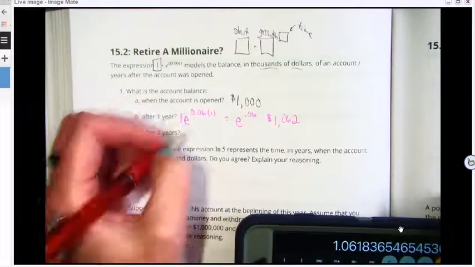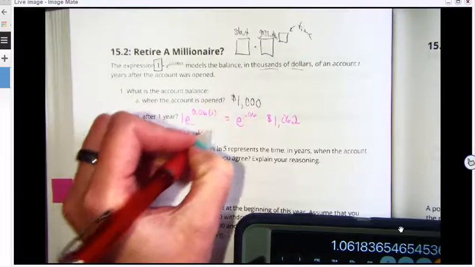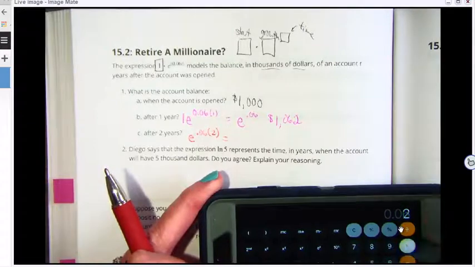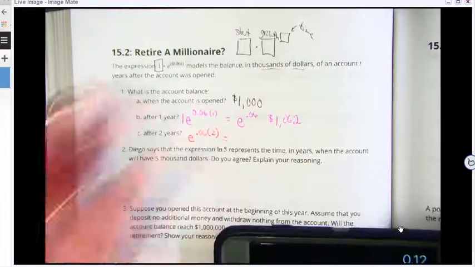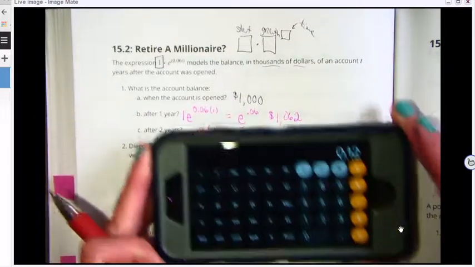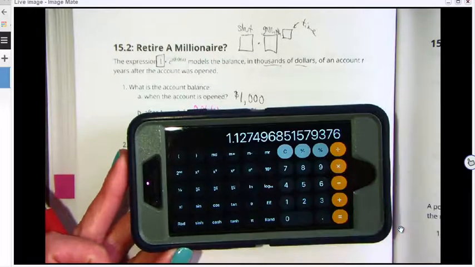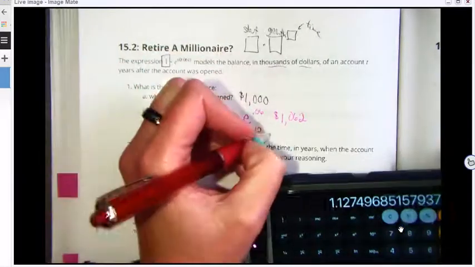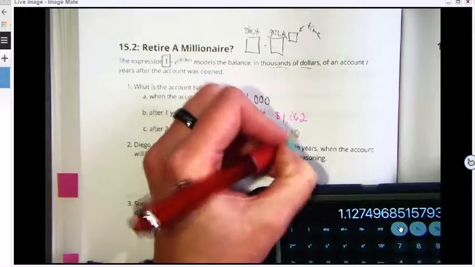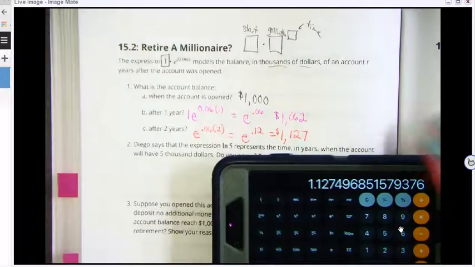And after 2 years, I would have e raised to the 0.06 times 2. 0.06 times 2 is 0.12. And it's already in my calculator here, so I'm just going to hit the e to the x button so I can see that that's e raised to the 0.12 power. I would have $1,127 and about 50 cents in this account.